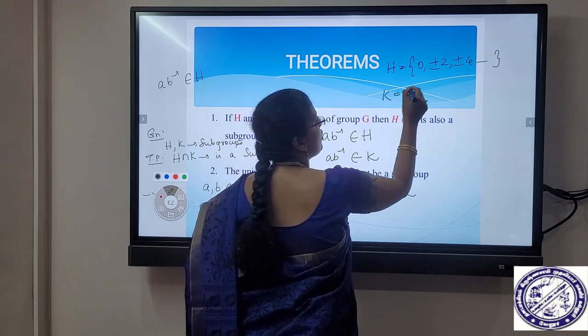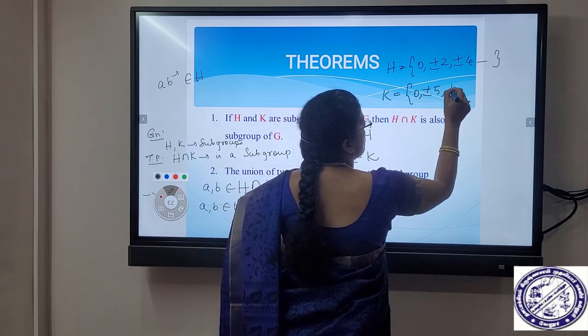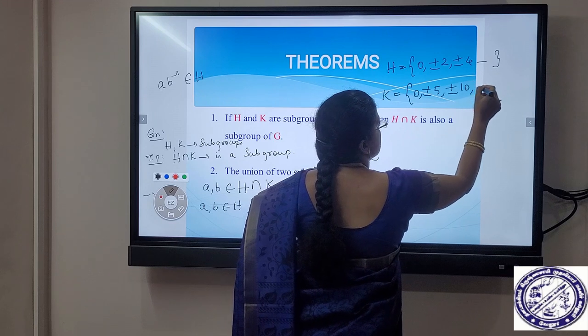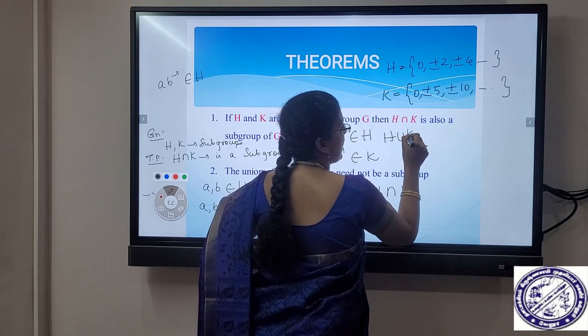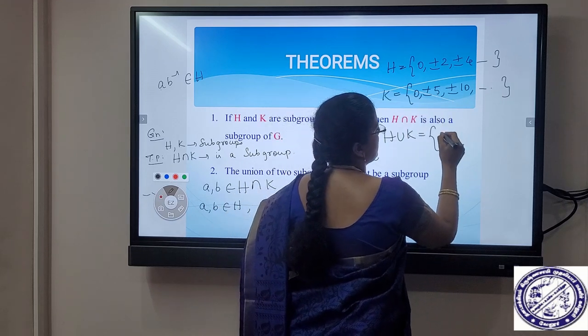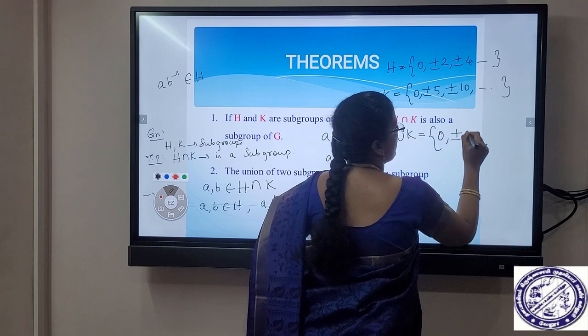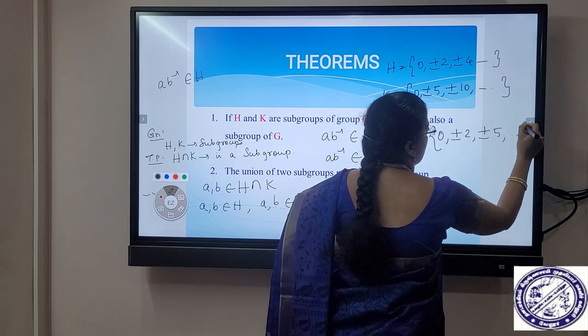I'll take another subgroup K: 0, plus or minus 5, plus or minus 10, etc. Now I'll consider H union K. Union means an element can be in either one of the sets. So 0, plus or minus 2, plus or minus 5, etc.